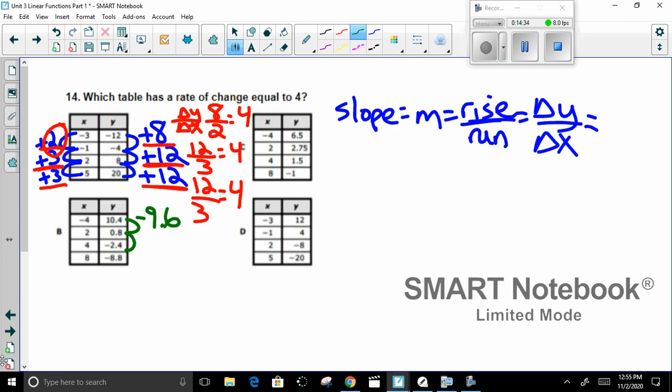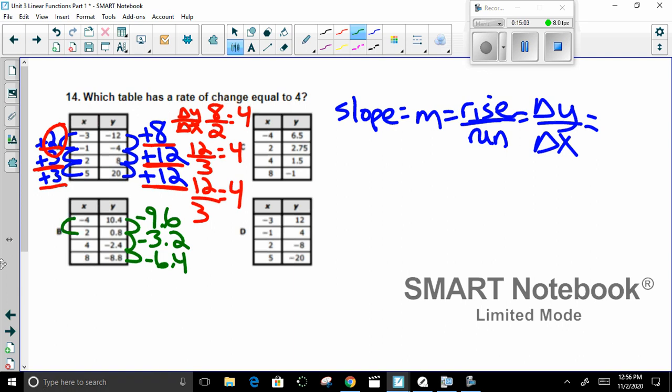To go from 0.8 to negative 2.4, I am subtracting 3.2. And to go from negative 2.4 to negative 8.8, I am subtracting 6.4.